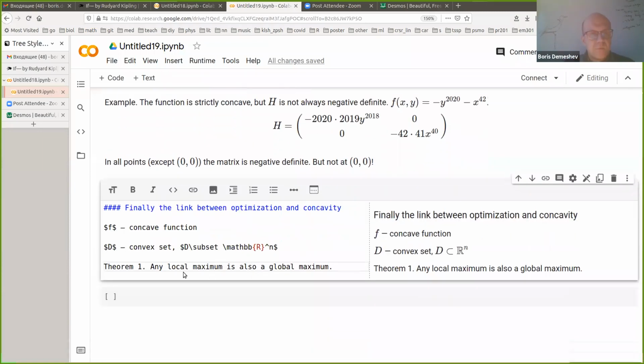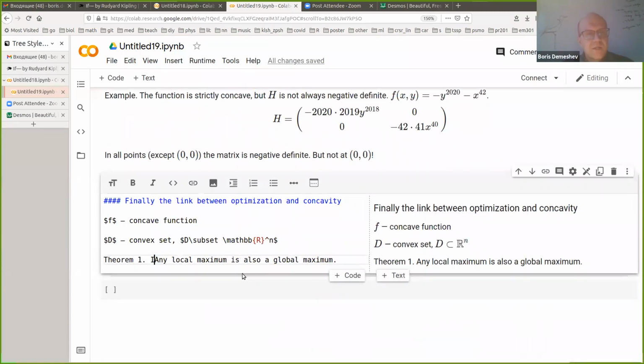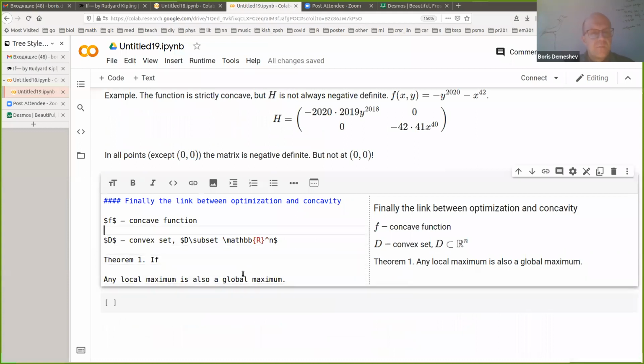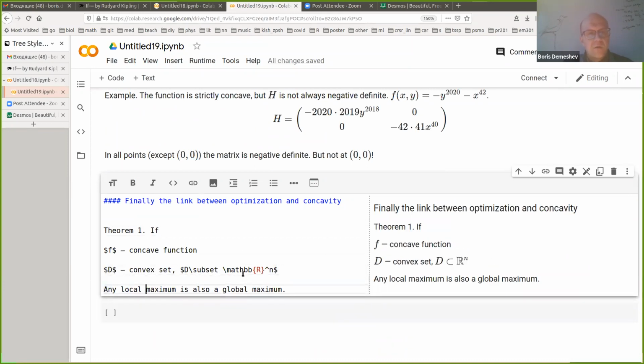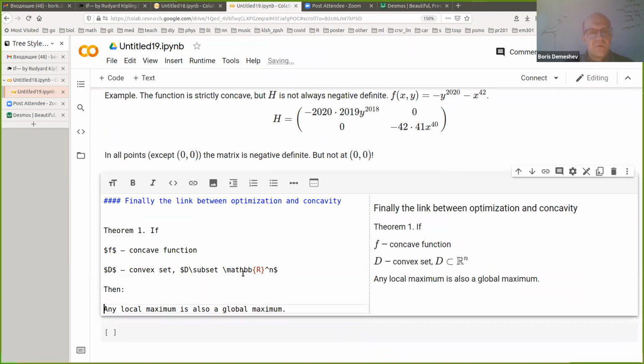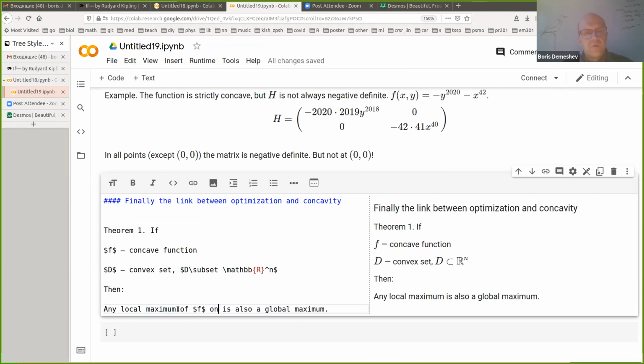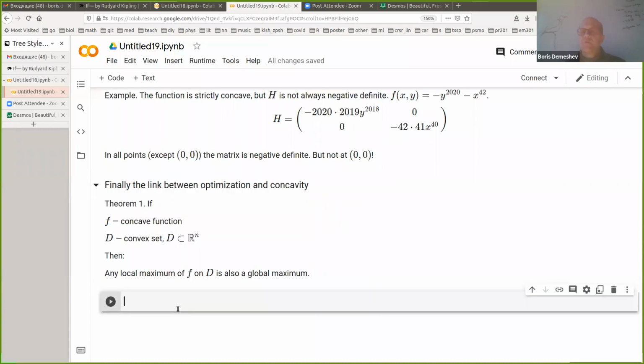To better state the theorem, it's better to say it with if, then: if something, then any local maximum of f on D is also a global maximum. Okay? So that's the first link between optimization and concavity.